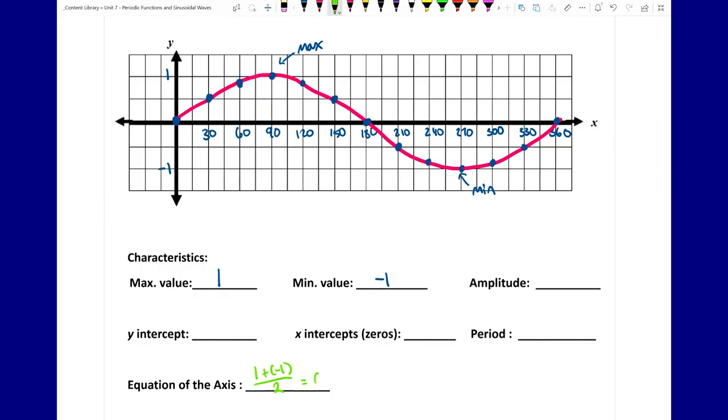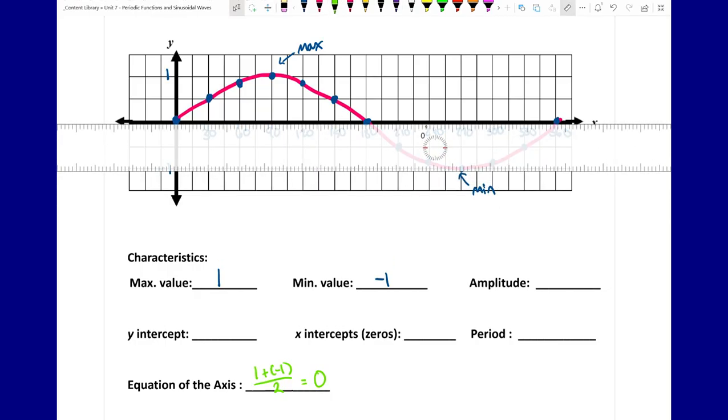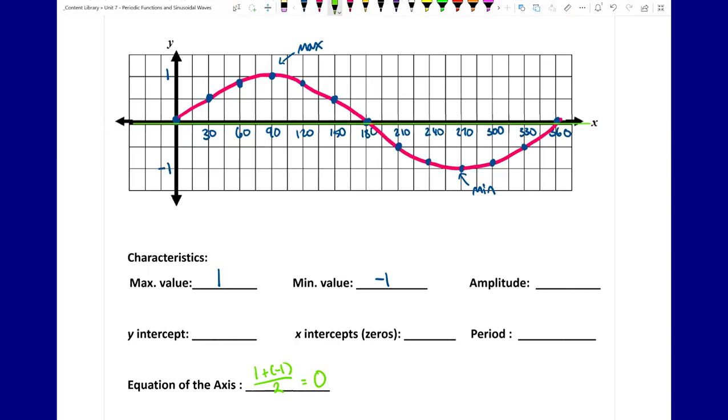We get 0 divided by 2, or 0, which again makes sense. We can see that the equation of our axis is right here. So my amplitude is going from the midline to my max, or to my minimum. I have two different spots where I can see my amplitude.